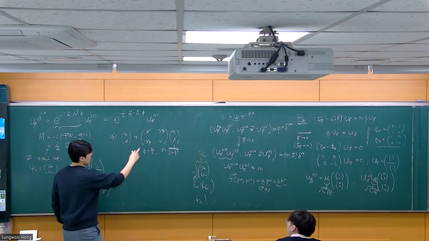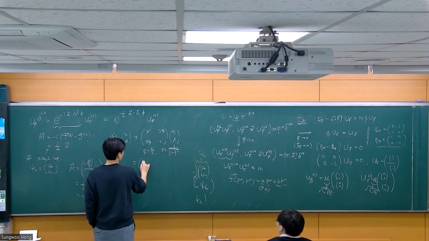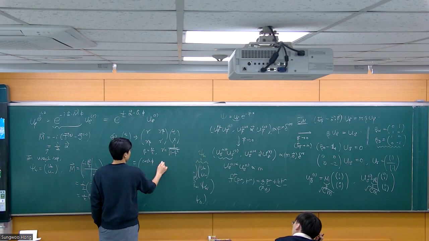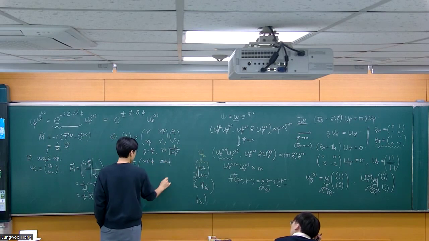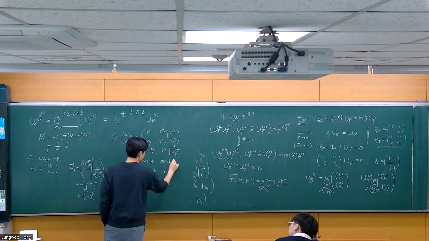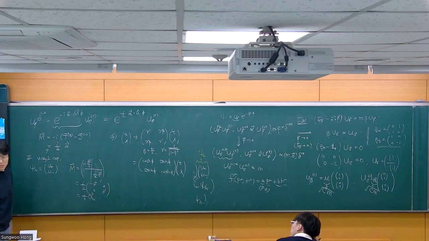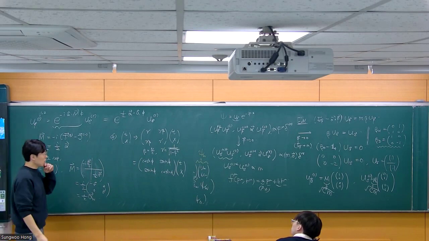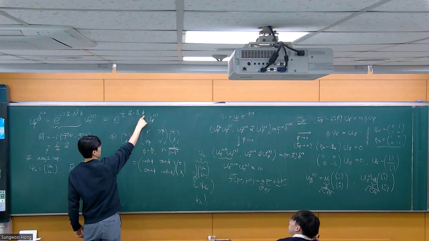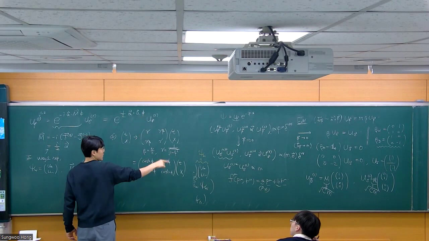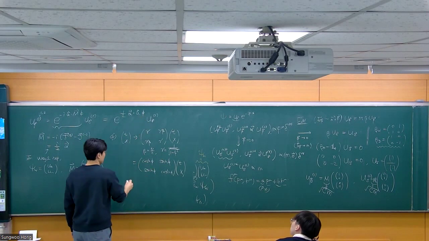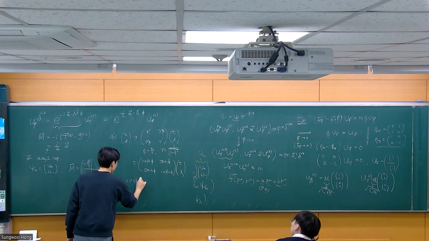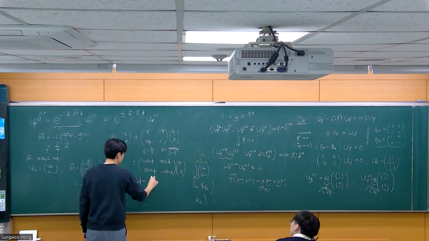Then you also read this as cosine hyperbolic of phi, sine hyperbolic of phi, sine hyperbolic of phi, cosine hyperbolic of phi, acting on t of x. So that's how you learn the Lorentz boost. In particular, this phi, which is a hyperbolic angle, satisfies cosine hyperbolic of phi equals gamma.